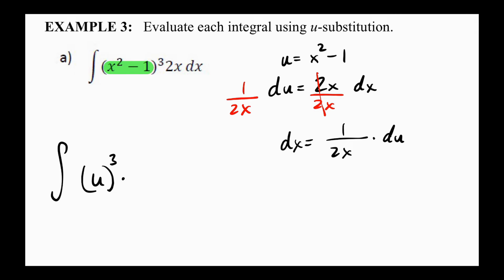Okay? Still have 2x. Right? Because this is the same thing. And then dx. What is dx equal to? So I'm going to replace dx with what it's equal to. 1 over 2x times du.